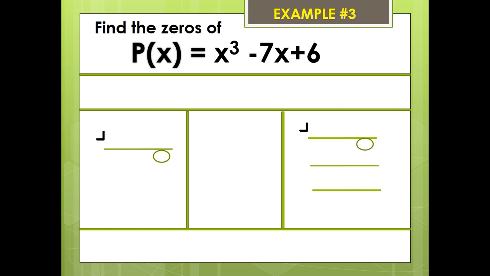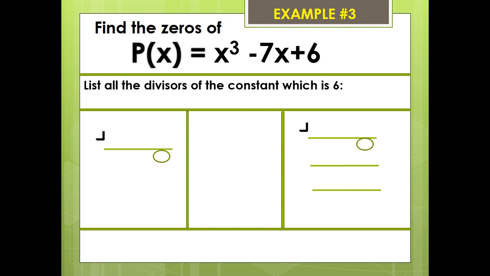Example number 3. Find the zeros of p of x is equal to x cubed minus 7x plus 6. So, ano yung unang gagawin natin dyan? Kung ating ang highest degree ay 3. So, meron tayong list all the divisors of the constant, which is 6. Hanapin natin yung constant. Yung constant, nasa dulo siya. So, positive 6.